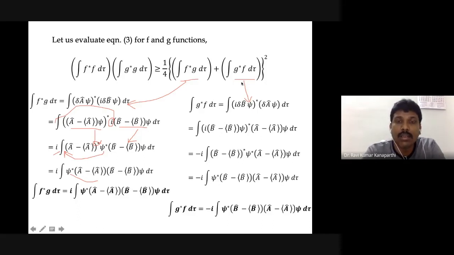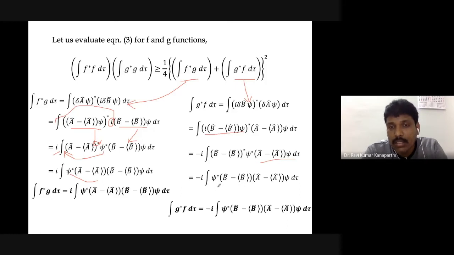Our g is defined to be i delta B psi, where delta B is B minus the expectation value of B. We have to take the complex conjugate, so for i there is a minus i, and then B minus the expectation value of B as such, psi star becomes psi star, and then multiplied by A minus the expectation value of A.